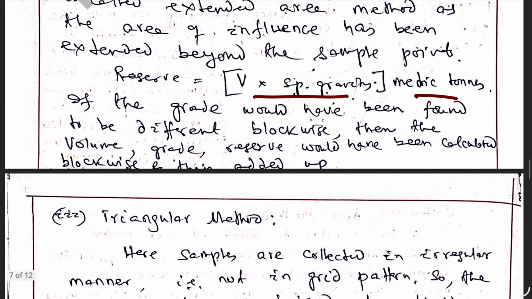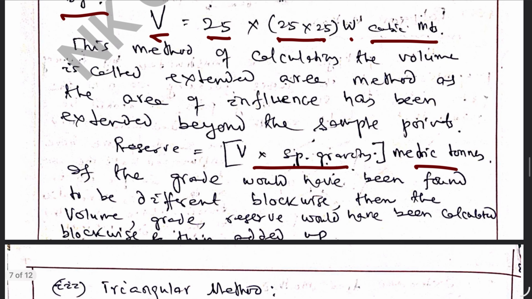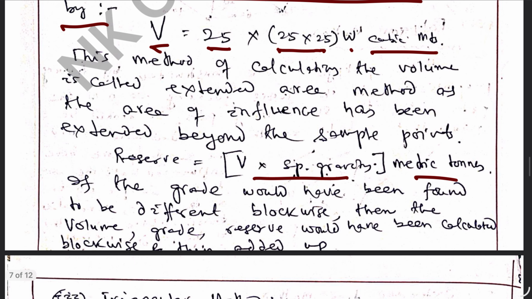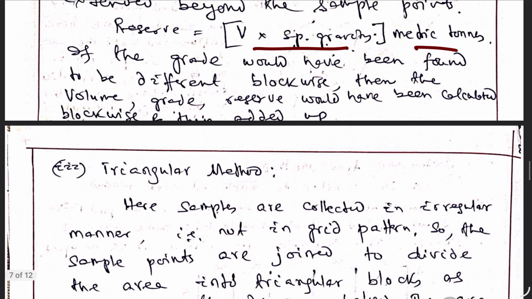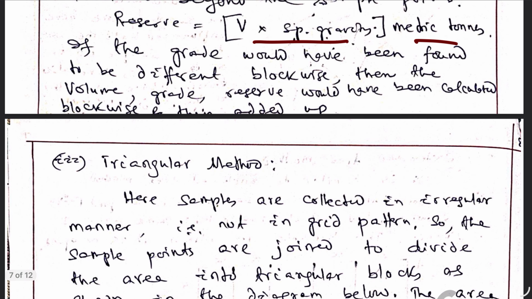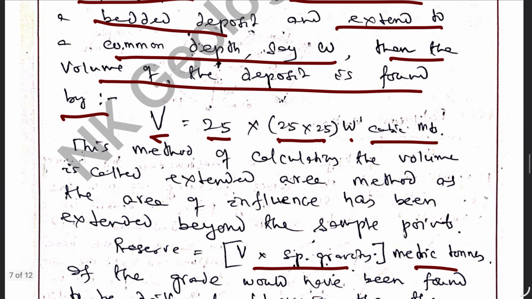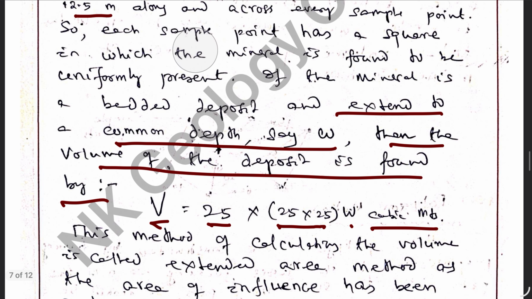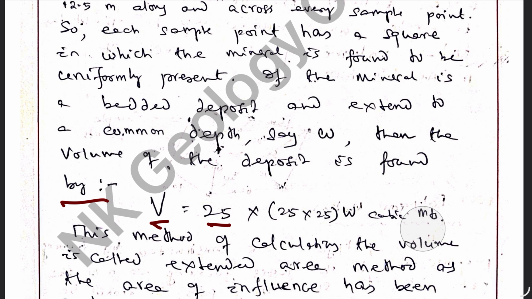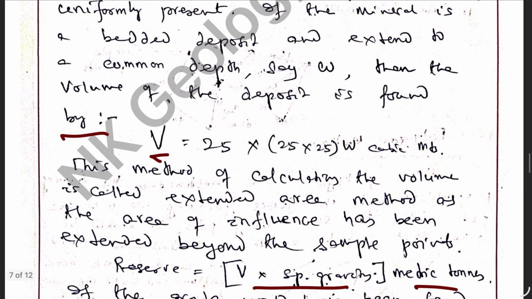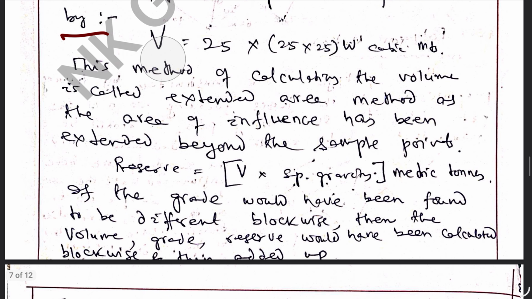If the grade is variable from block to block, then the grades of individual blocks are found out and then added up to find out the average grade. So this is the case when you talk about samples which are collected in a grid pattern and the area of influence has been extended beyond the sample points.